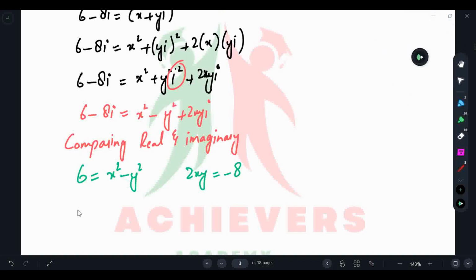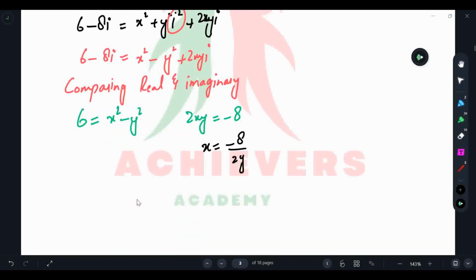So from 2xy, we can write x will be equal to -8 by 2y, and from here we can see that x will be equal to -4 by y. This will be equation 1, let's say, and this one is equation 2.